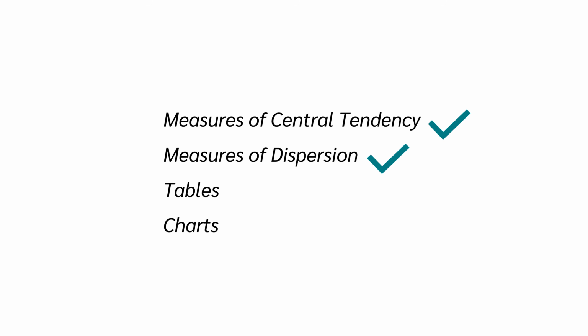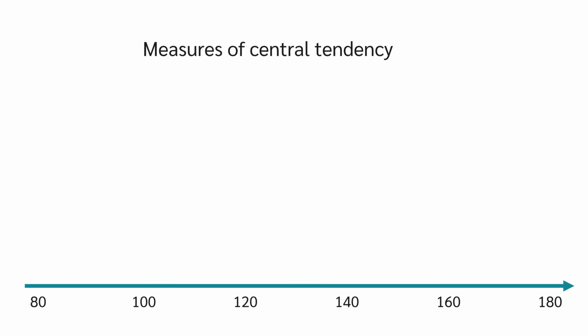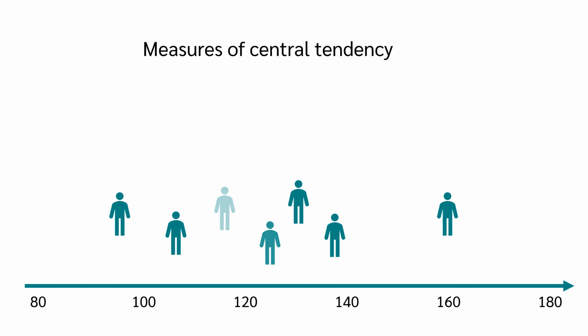Before we get to the last 2 points, let's briefly compare measures of central tendency and measures of dispersion. Let's say we measured the blood pressure of patients. Measures of central tendency provide a single value that represents the entire dataset, helping to identify a central value around which data points tend to cluster.